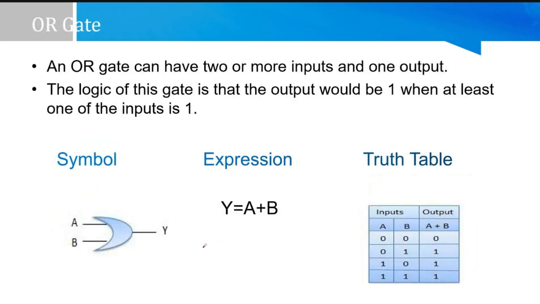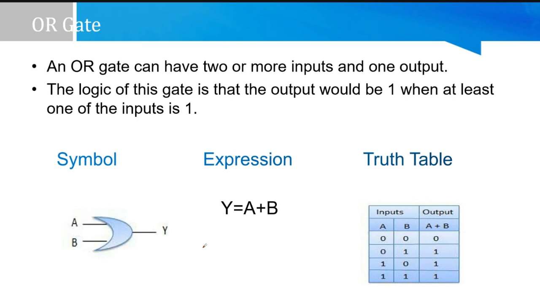Next will be the OR gate. The OR gate will have two or more inputs and it will provide one output. Sorry, I forgot to mention in the AND gate also, the AND gate should have at least two inputs.